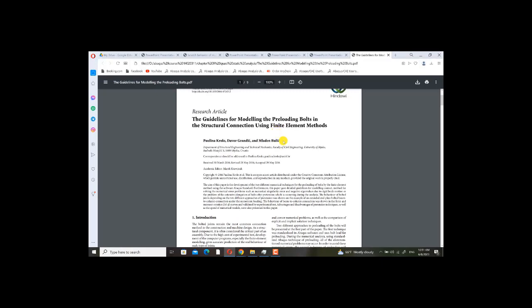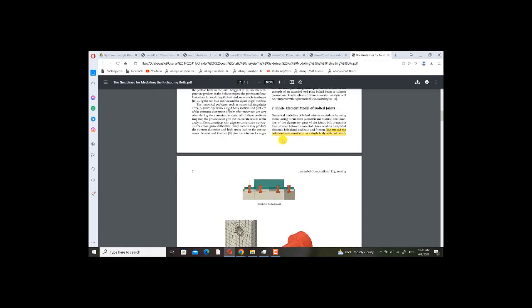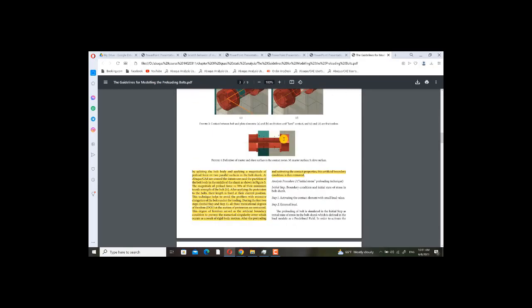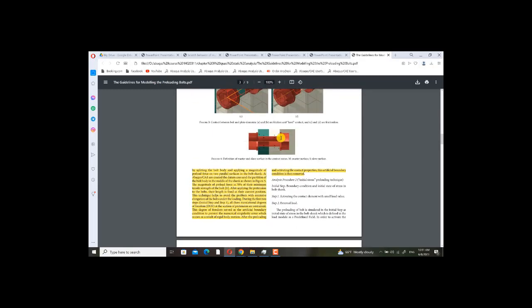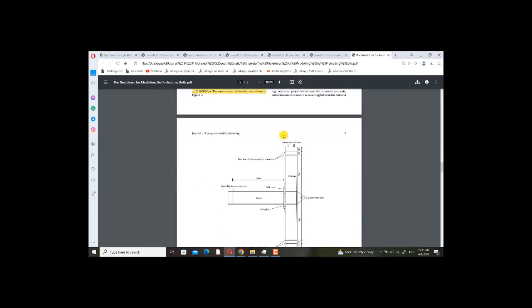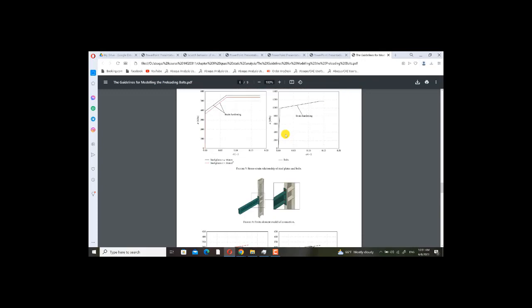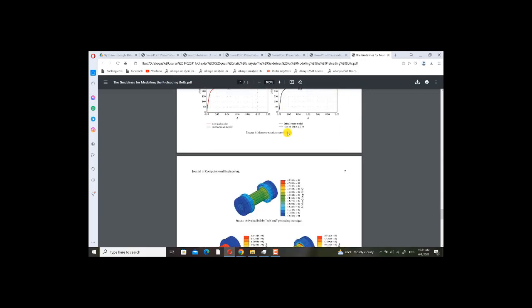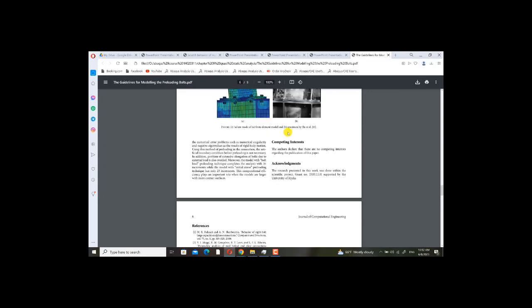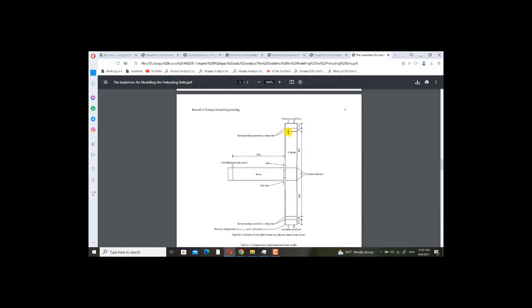This paper is very good, and one of your exercises for the next session is to read it completely. You must read it completely. I will mention some important sections of it, but you must read it completely.